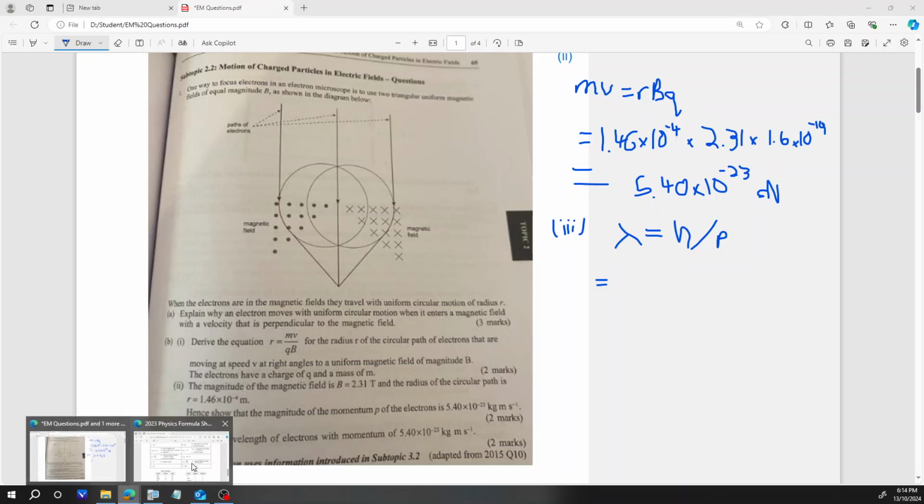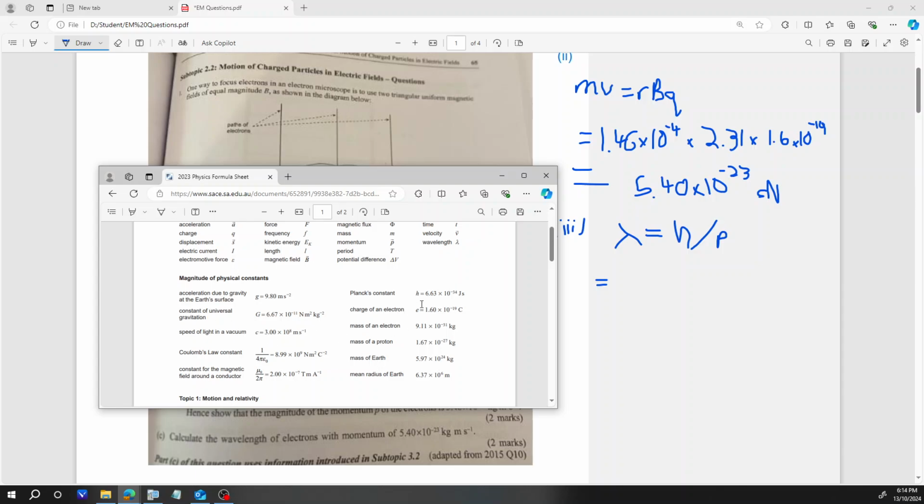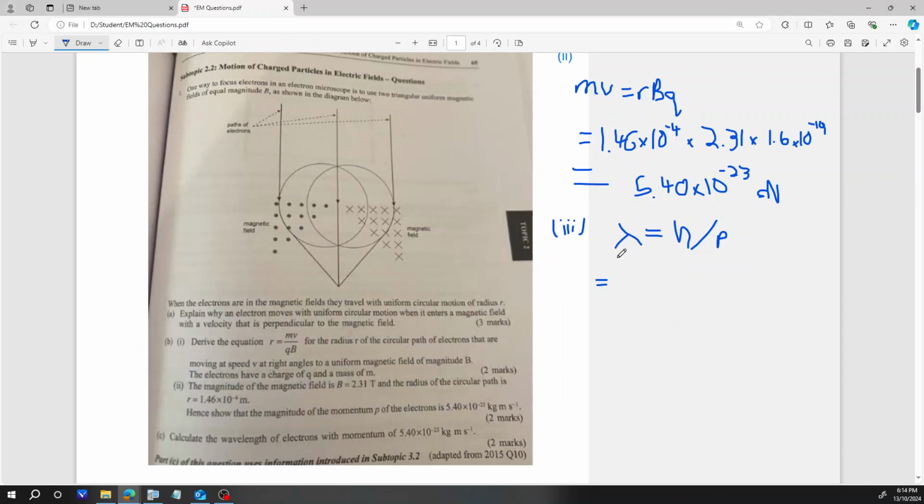Just to remind you again, Planck's constant can be found in here. There it is, 6.63 times 10 to the minus 34, divided by.